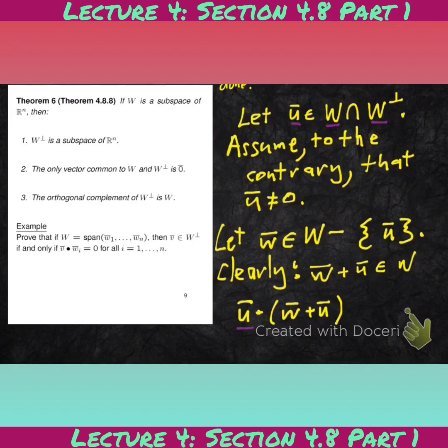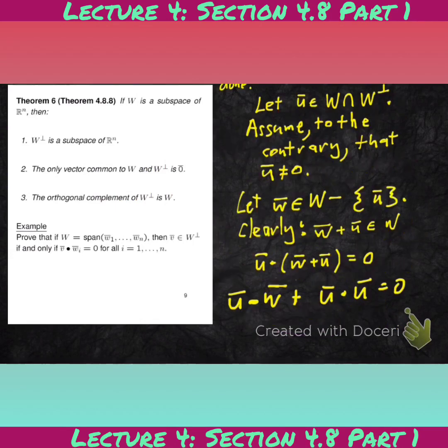That means that u must be orthogonal to every vector in W, because u is also in the orthogonal complement of W. Right, now we said also that this vector is in W. So therefore, because u is orthogonal to every vector in W, u must be orthogonal to that vector there. So if you take the dot product between those two vectors, that's going to be 0.